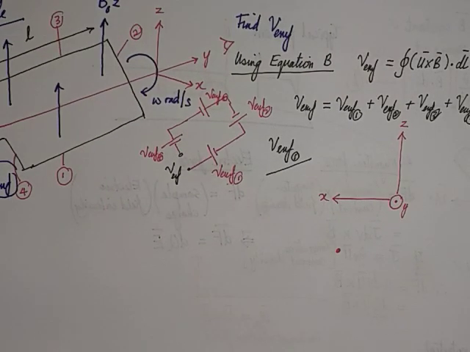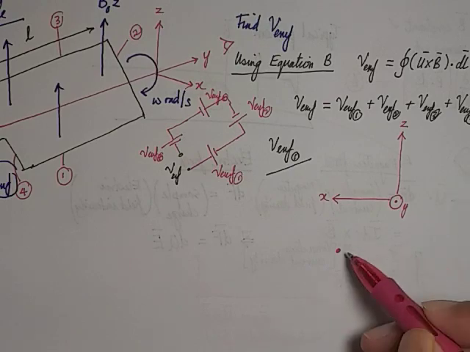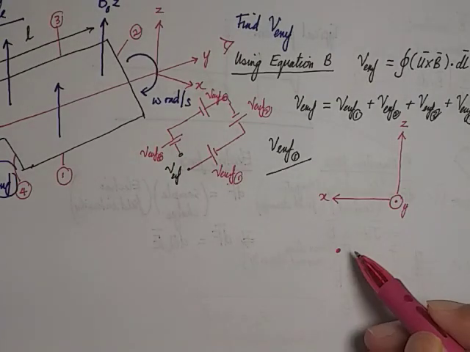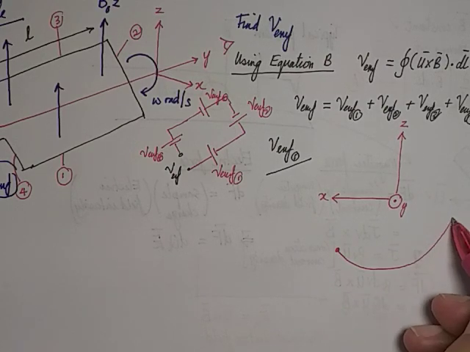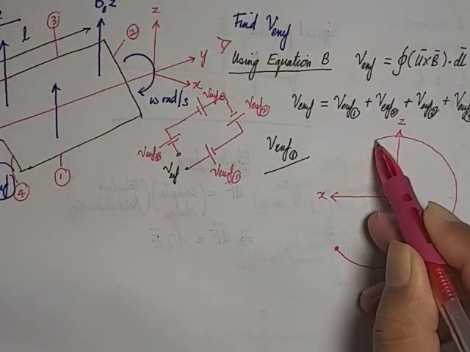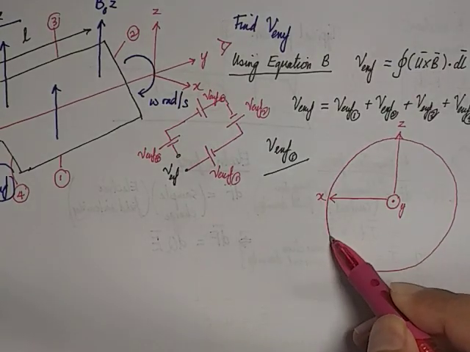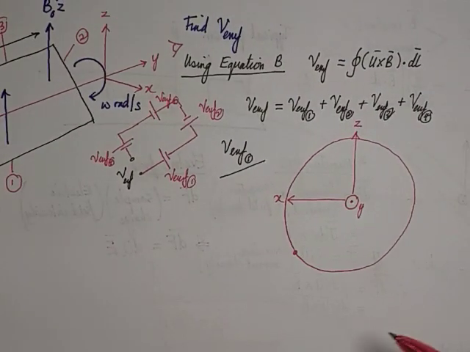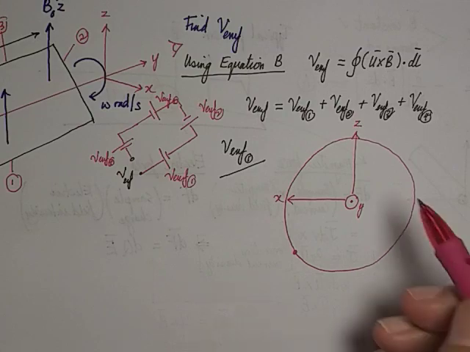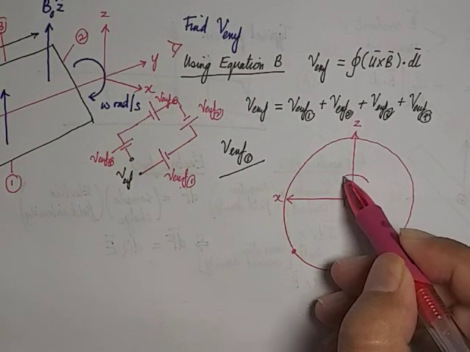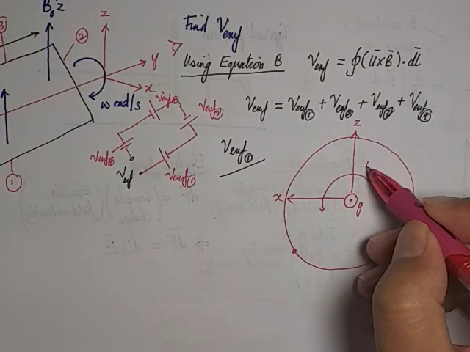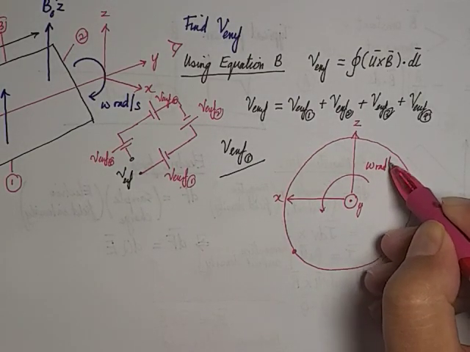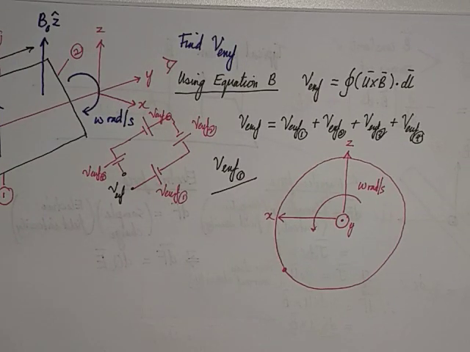So what is this dot actually doing? This dot is moving, so I'm going to plot its locus. This is what is going to be observed: the movement of site number 1 is going to be rotating in these directions with omega radian per second. So that's what we observe now.